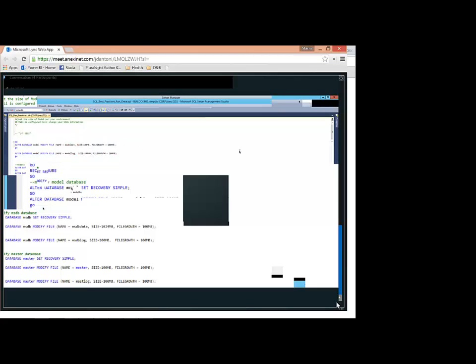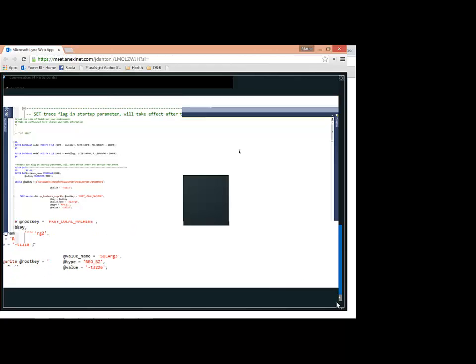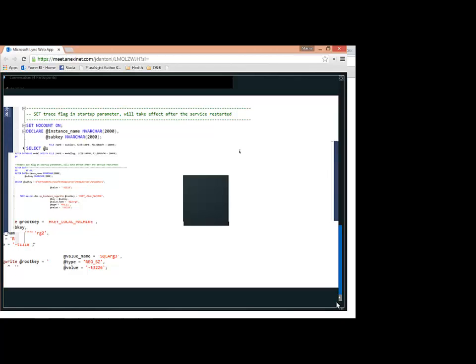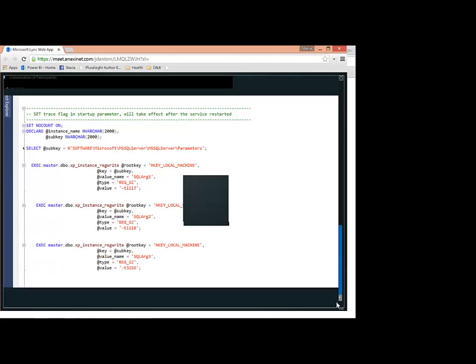The next thing I'm doing here is writing to the registry. These are the trace flags that I'm setting. Unfortunately, there's not a great way to programmatically set trace flags. One of the things you can do is set a trigger that will run on startup and turn them on. And I kind of go back and forth between writing to the registry and writing to here as to what I think is the better approach of doing that.